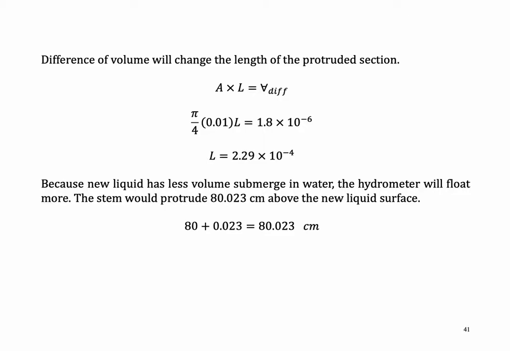So A times L gives the volume difference. We substitute the value and calculate the value of L, which is the height. Because the new liquid has less volume submerged, the hydrometer will float more. The stem would protrude 80.023 centimeter above the new liquid surface.